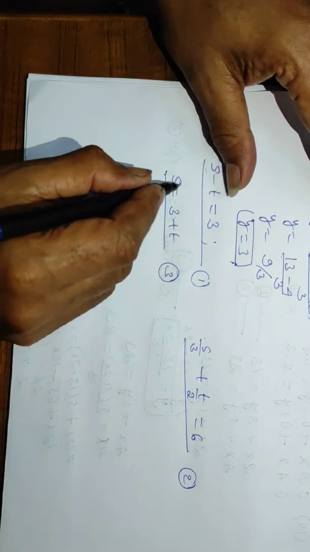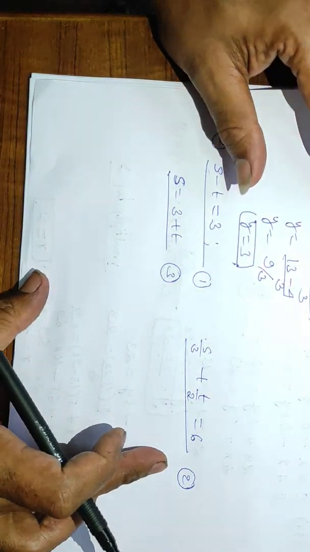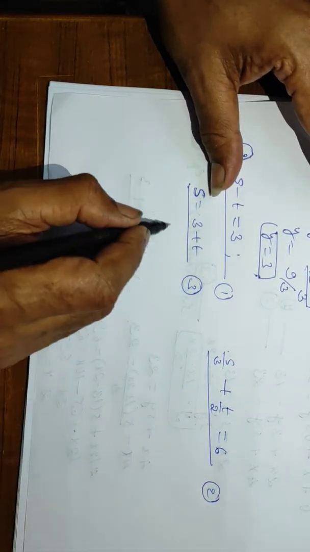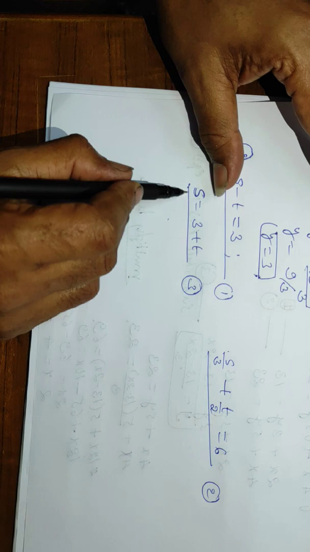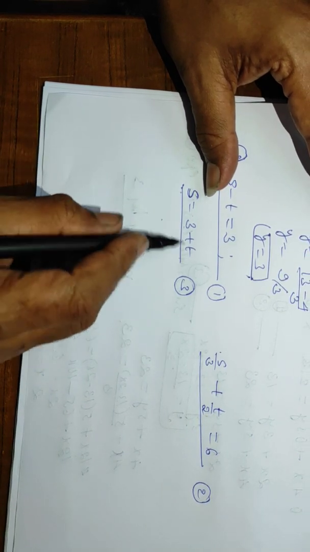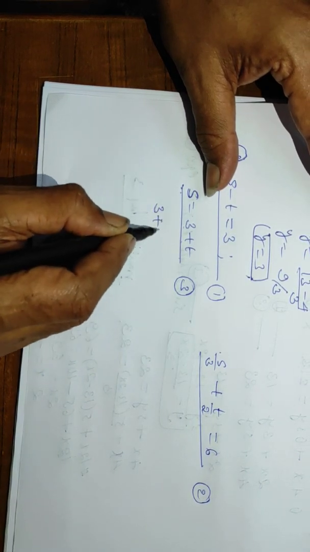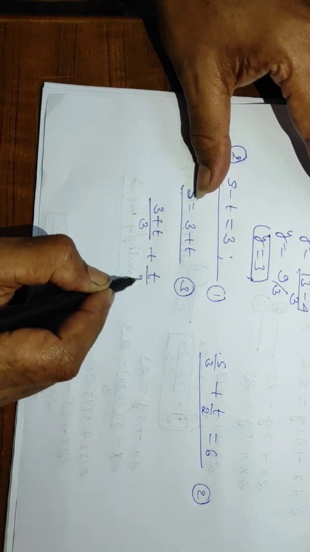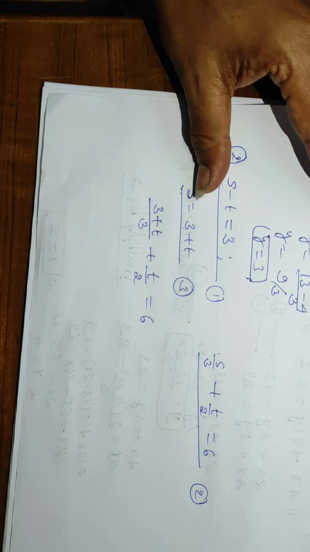Substitute the value of s in equation 2. It becomes, in the place of s, how much do I have to write? 3 plus t. So (3 plus t) by 3 plus t by 2 is equal to 6.